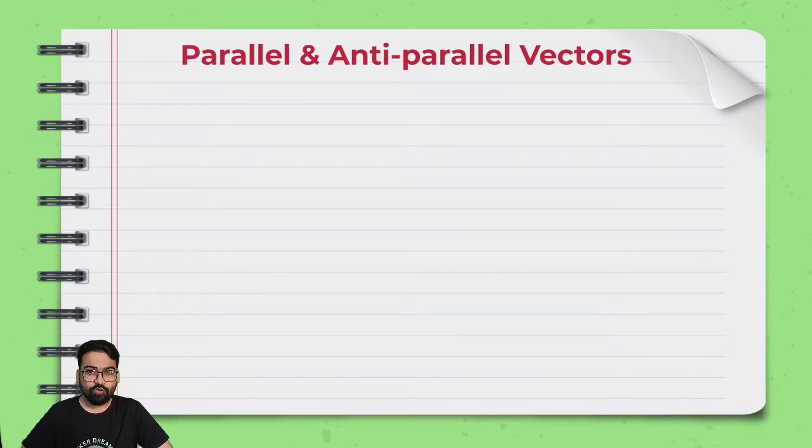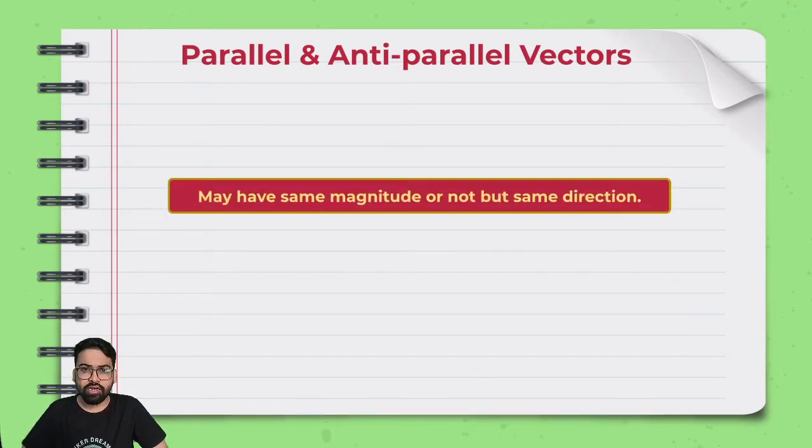We should consider magnitude and direction. They might have the same magnitude, might not. We are not taking care of magnitude. The only thing that we would like to see is that they are in the same direction. This is more important. Magnitude may be the same or maybe not, but direction is more important.